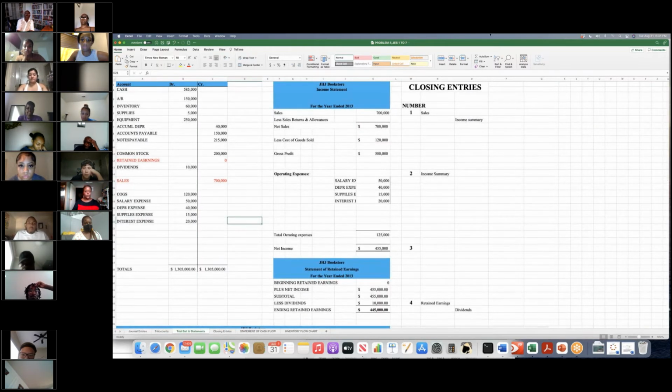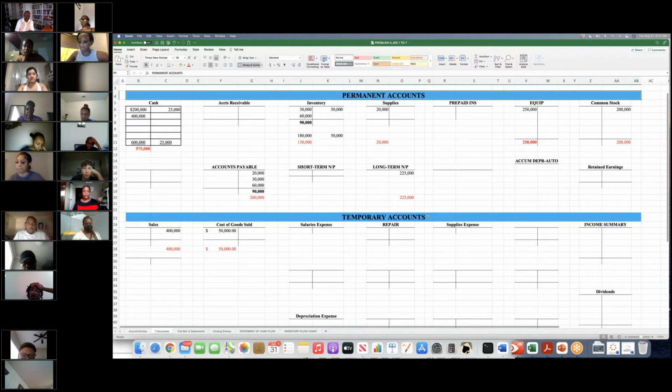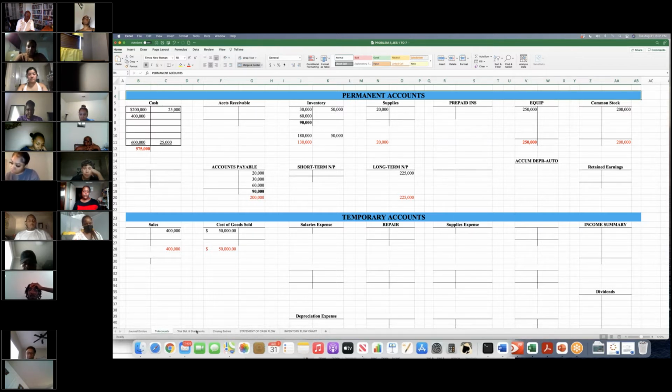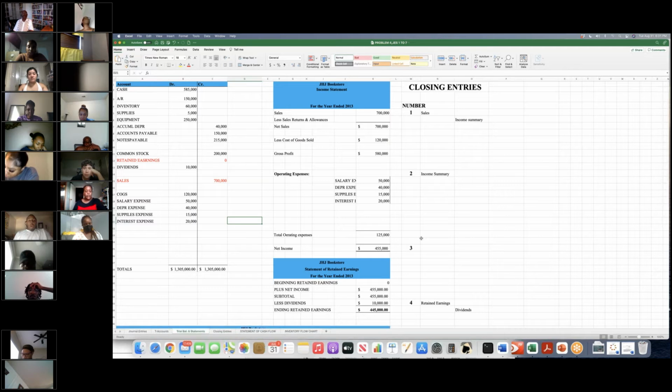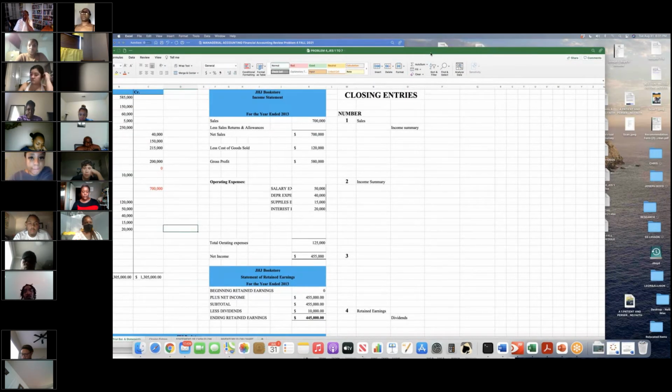So I just put the closing entries here, but when the closing entries are done and posted, what am I going to see over here? 445,000. And what else am I going to see? All the temporary accounts closed. Every time you make any journal entry, you must post it.